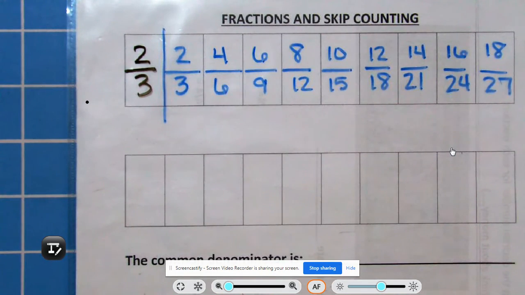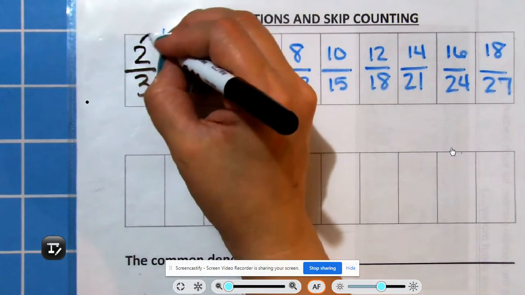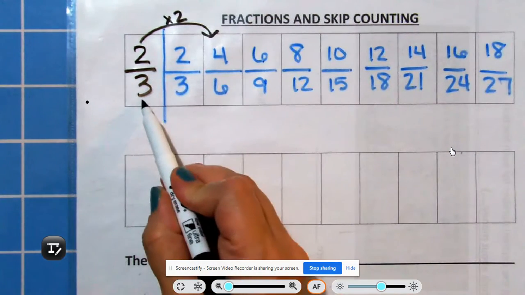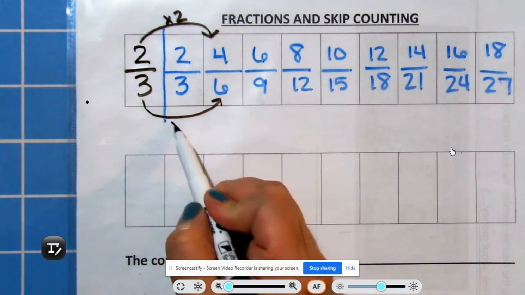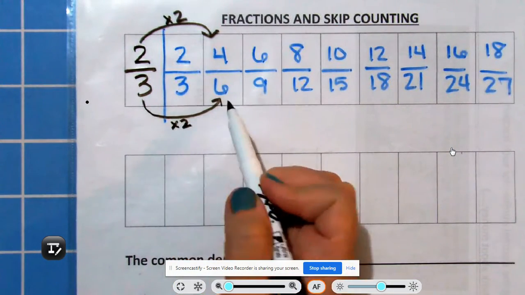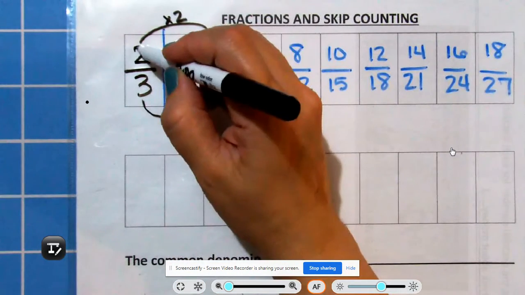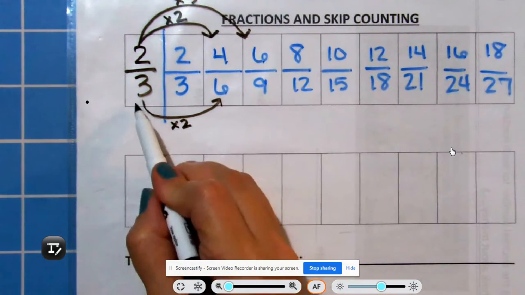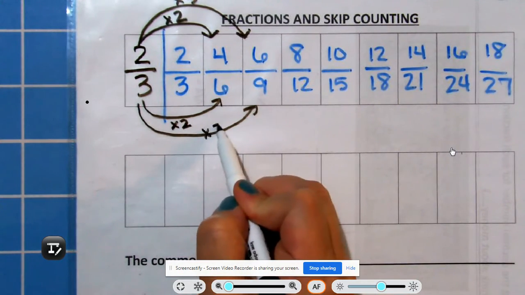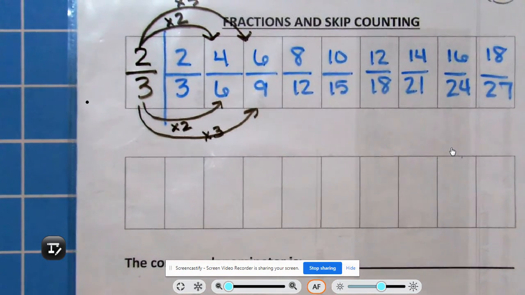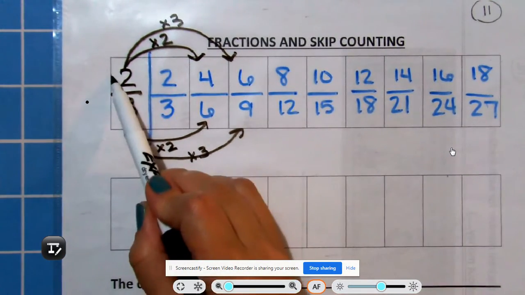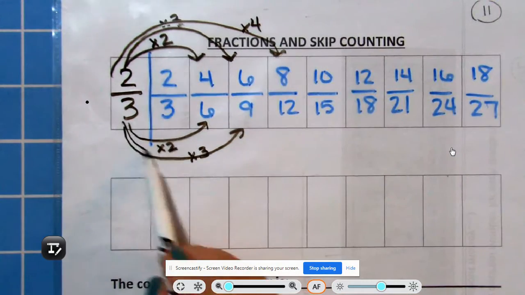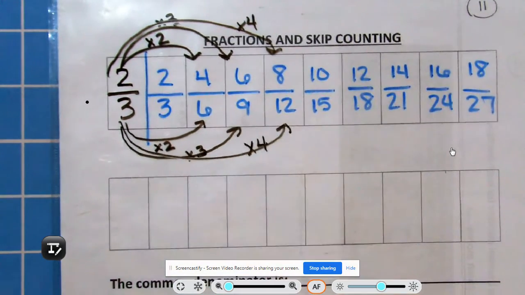Do unto the top as you do to the bottom. 2 times 2 is 4, so that means we would have to multiply the denominator by 2. 3 times 2 is 6. 2 times 3 is 6, and 3 times 3 is 9. 2 times 4 is 8. 3 times 4 is 12.